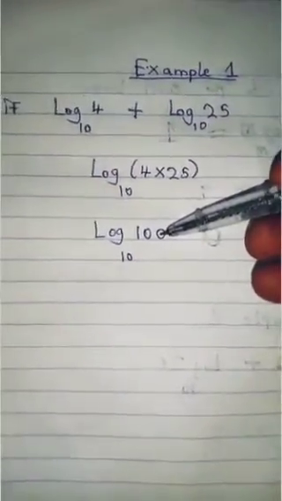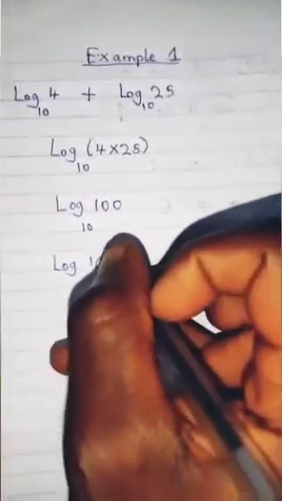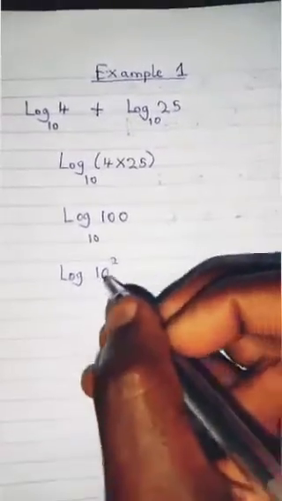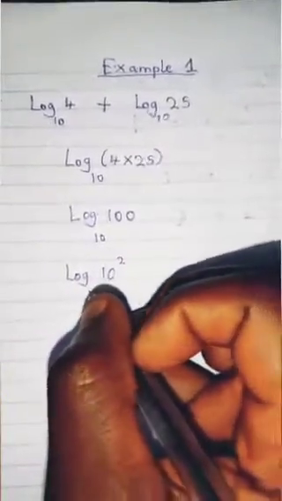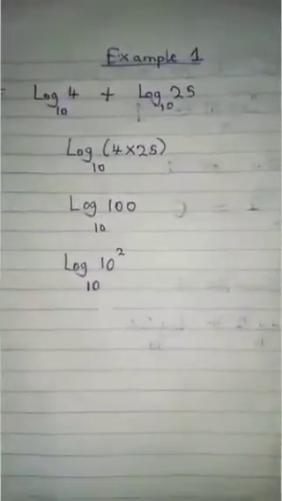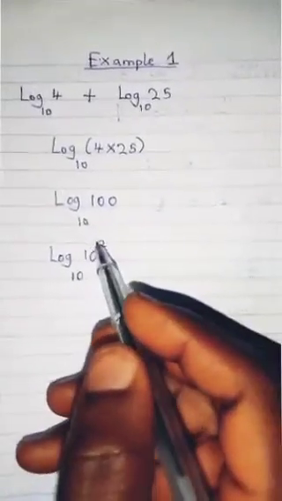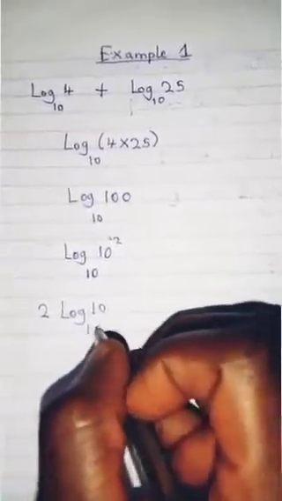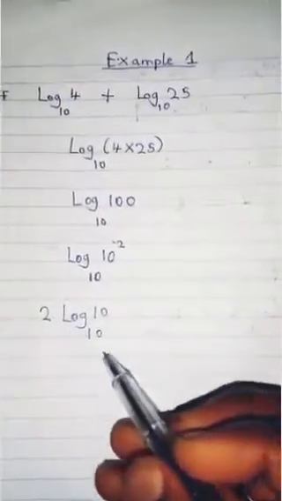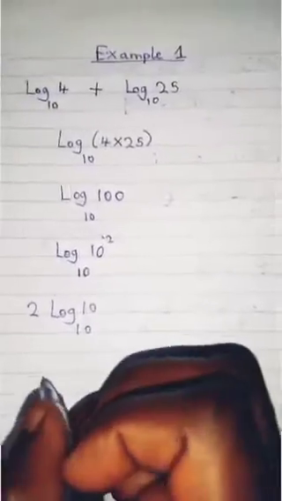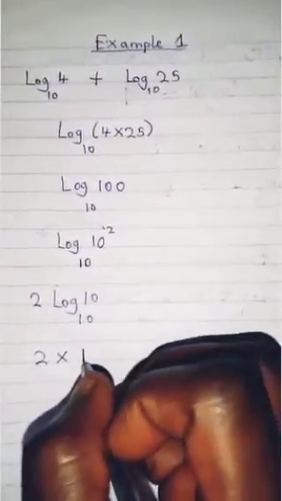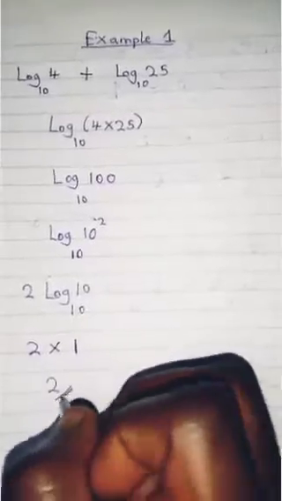So from here we need to turn this 100 to exponential, and to do that we'll have log 10 having power of 2, that will give us 100, then base 10. So we use the power rule. These 2 we need to move to the back, so that we'll be having 2 into log 10 into base 10, and from here this will give us 1, so that we'll be having 2 times 1, which gives us 2.